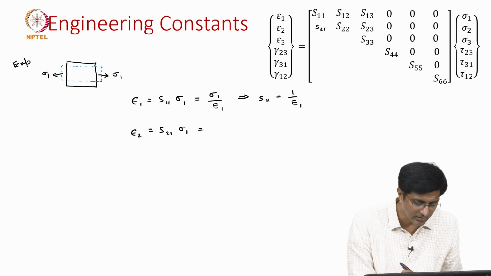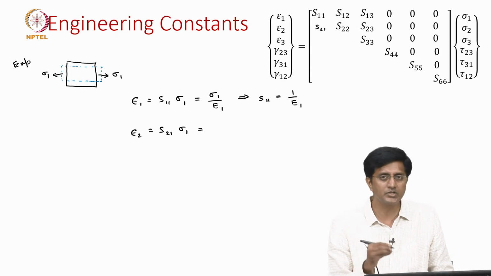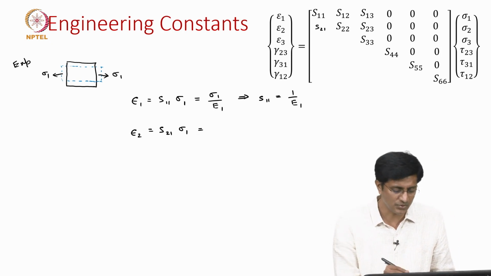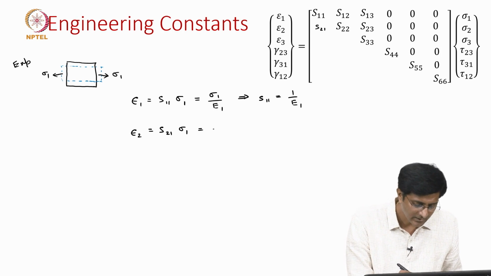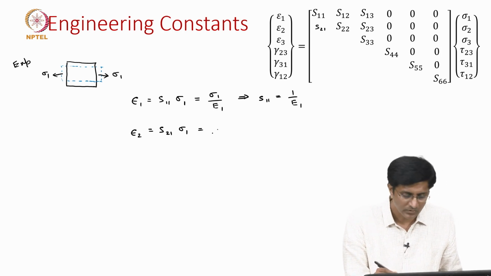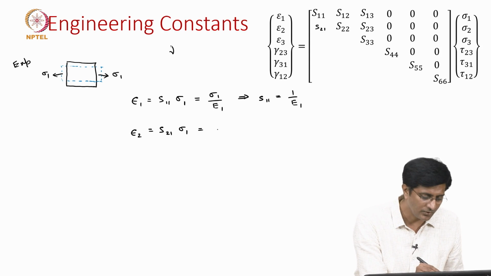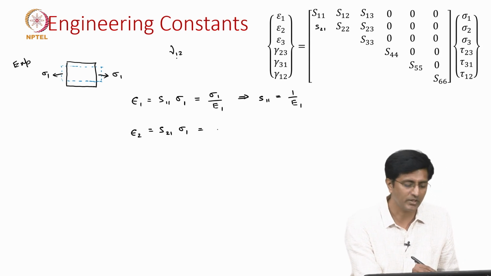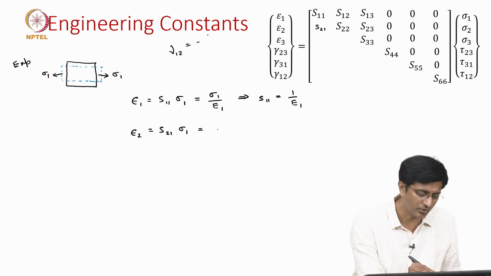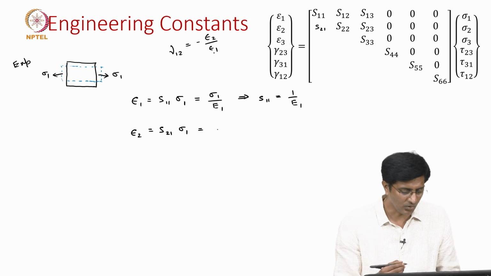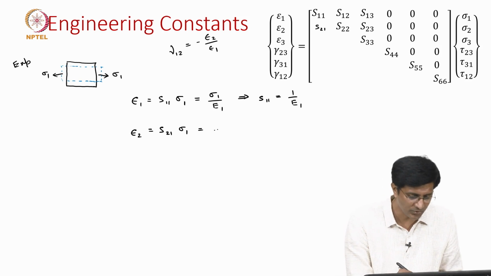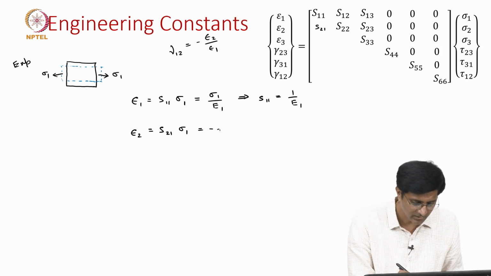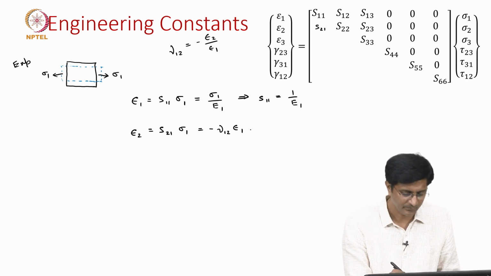But how do we write this epsilon 2? Here we can use the definition of Poisson ratio. Previously we said we can use nu 1 2, where the loading is in direction 1, and according to the definition it is epsilon 2 by epsilon 1. Since we are looking at epsilon 2, we can write it as minus nu 1 2 times epsilon 1.